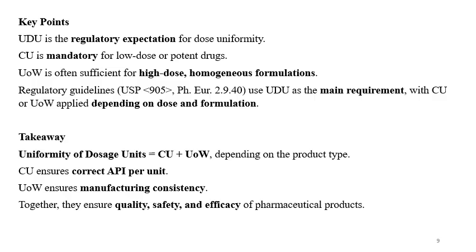So uniformity of dosage units is a regulatory expectation for dose uniformity. CU is mandatory for all products, especially low dose and potent drugs. Always go through stratified sampling, evaluate and develop the product, and demonstrate the consistency of the manufacturing process on products like tablets and capsules.